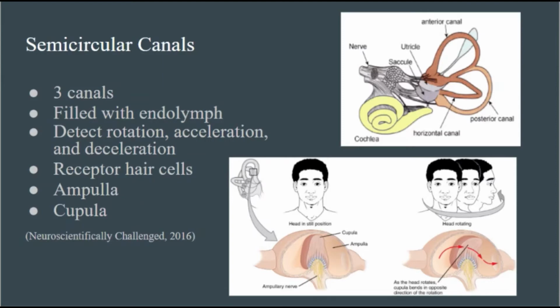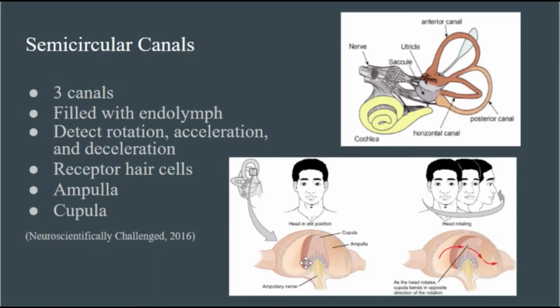So this image, here's the big picture right here. You have your semicircular canals, and it's focusing in on the ampulla. So this right here is the ampulla. Whenever the head is in a still position, your cupula is standing straight up. You see your hair cells here. So the endolymph, it's not moving.